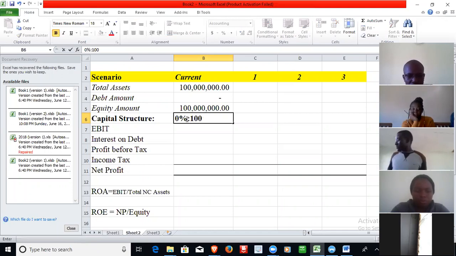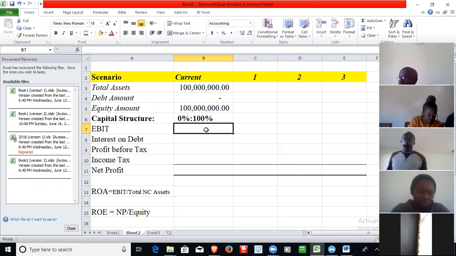Are you together? It's debt as to equity. So on debt, it's 0%, then equity, it's 100%.